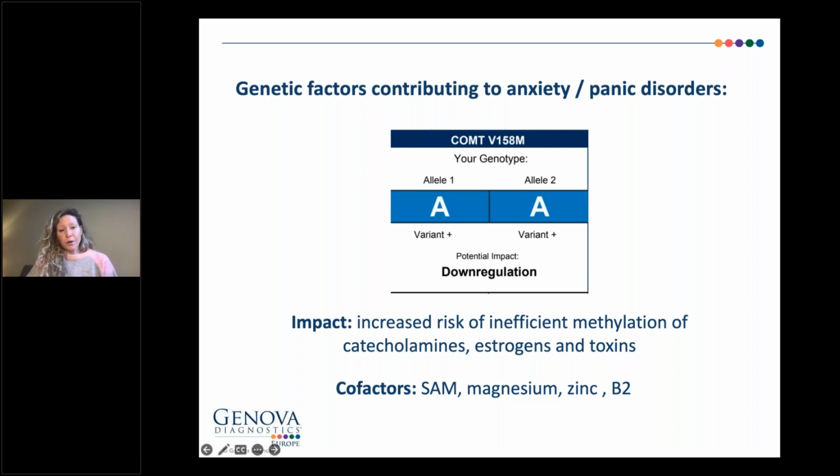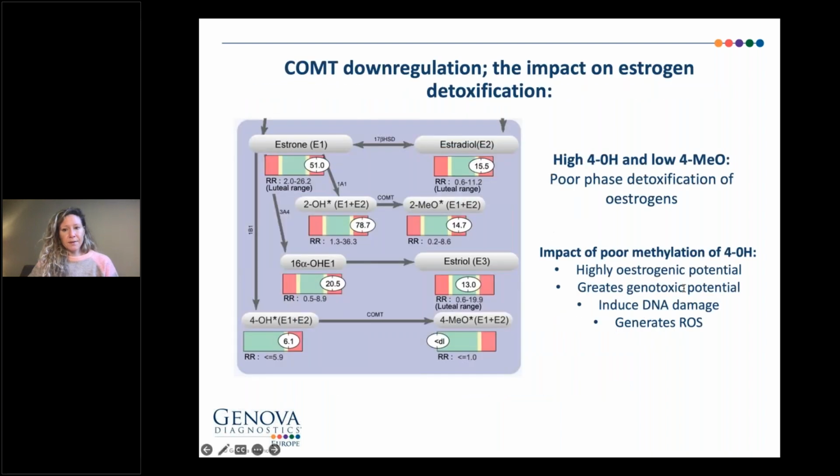This client was also on HRT, so it made it even more important to know her risk and potentially go on to do some hormone testing to see how well she is metabolizing the HRT. So with that in mind, I know this is going sort of outside the methylation panel, but because of her family history, I wanted to check her hormone metabolism.